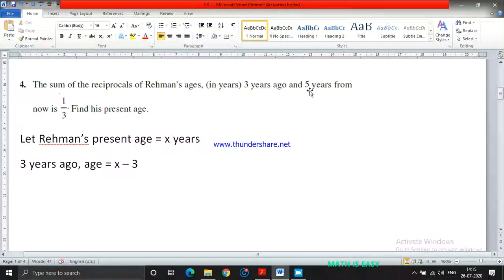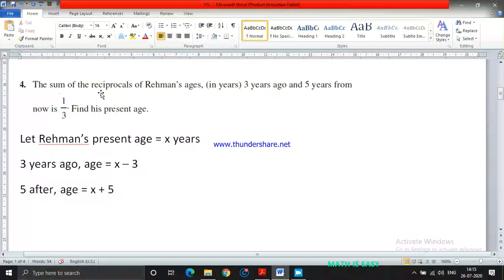Next, what is given? 5 years from now, 5 years after, then Rahman's age will equal x plus 5, because present age is x, so after 5 years his age will be x plus 5.